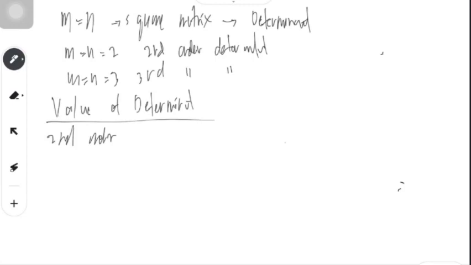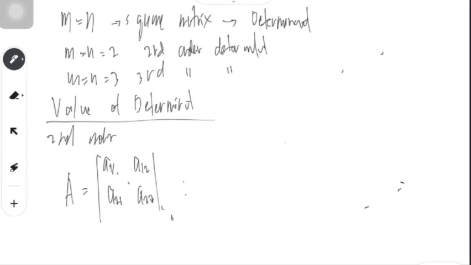Let's say, given a determinant A whose elements are A11, then A12, A21, A22. Now, to find the value, we can apply several methods. One, a very popular method, is known as the diagonal method.